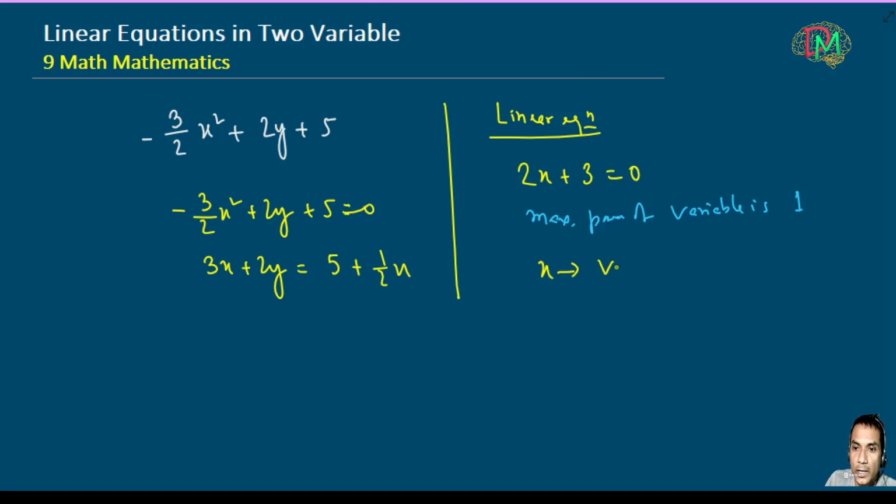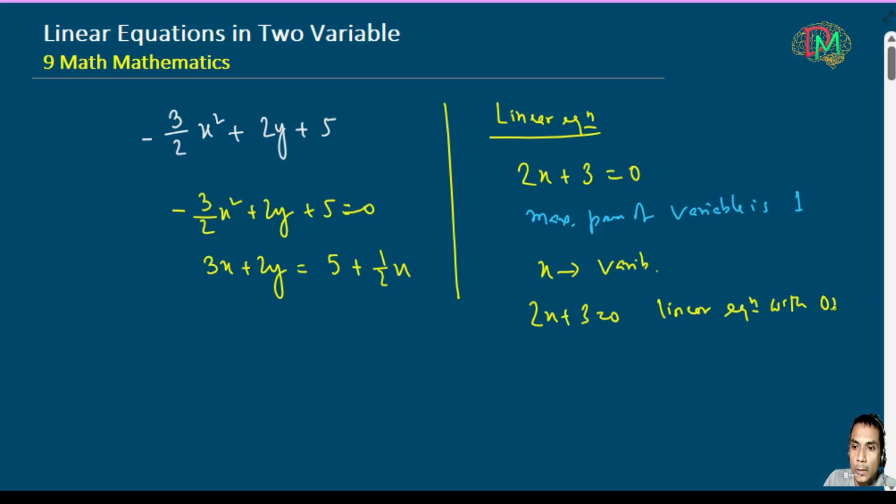X is the variable. So 2x plus 3 is equal to 0 is an example of a linear equation with one variable. Clear?